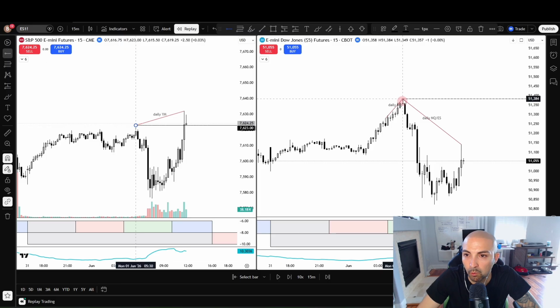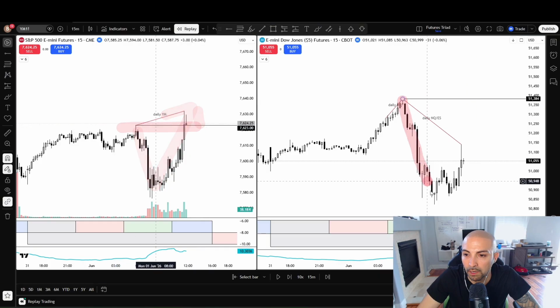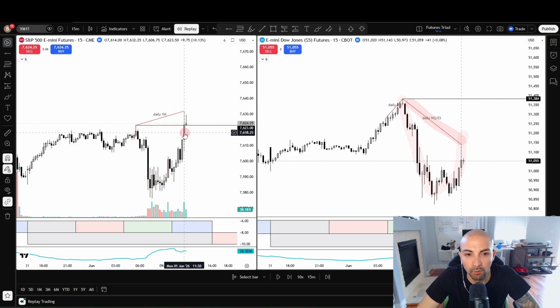As you can see, we break it on ES, whereas it is respected on YM. The way the code works is the next 15-minute candle is the entry candle, and we enter on the asset that failed to break.